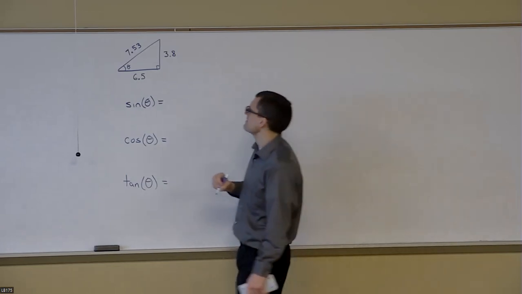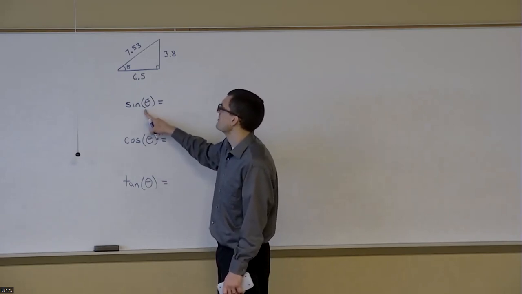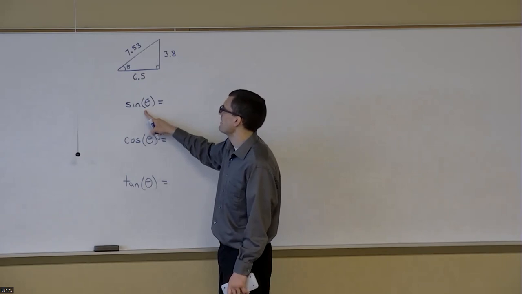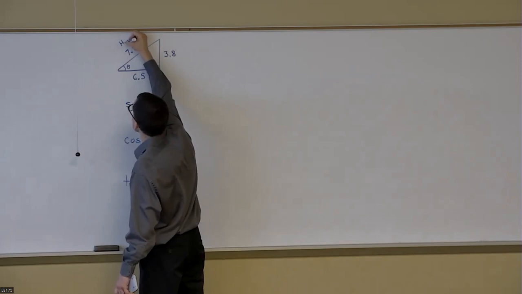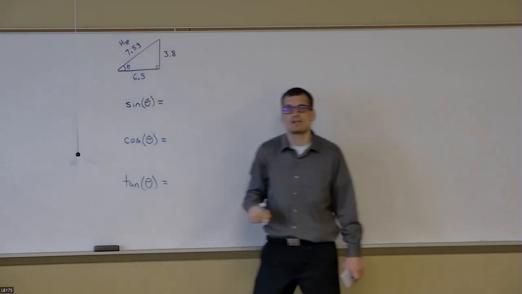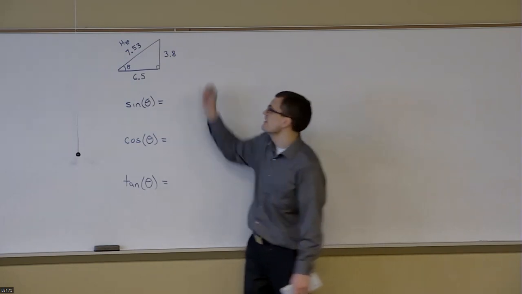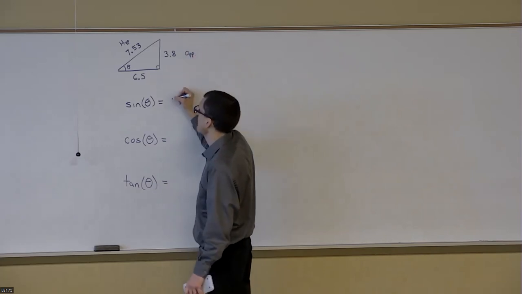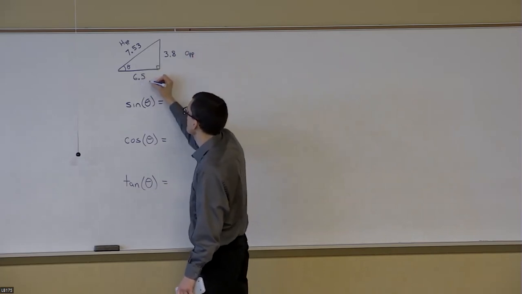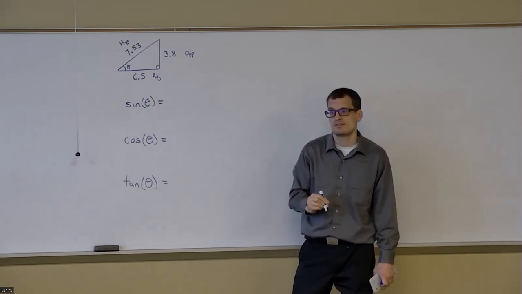In this case, sine is opposite over hypotenuse. My hypotenuse is the 7.53 number. And for theta, the opposite is 3.8, and the side adjacent is the 6.5. Right?